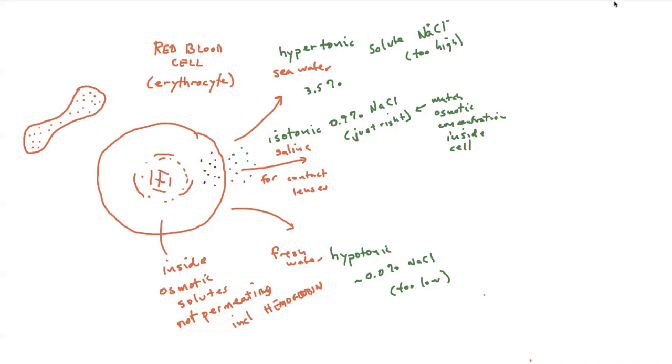The concentrations actually are quite different, right? Because we've got a high concentration of hemoglobin inside, no hemoglobin outside, a high concentration of sodium chloride outside, and a very low concentration inside. But the overall concentration in both directions is the same.